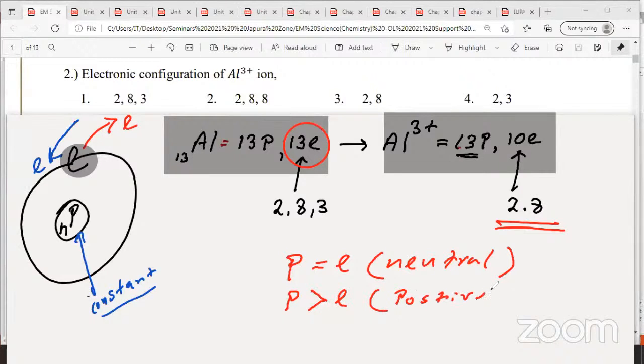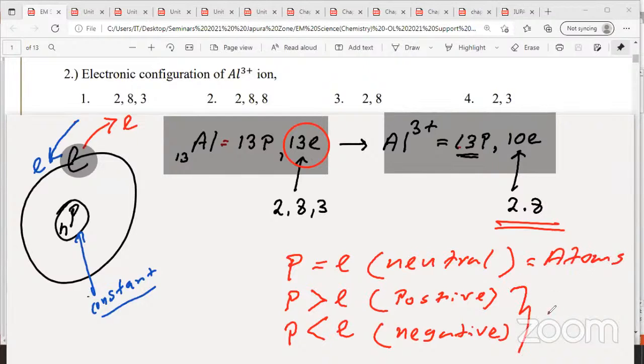If an atom contains more electrons than protons, then it will be a negatively charged ion. Then we call them ions. So the first is an atom; the last two we can't call atoms, they are ions: positive ions and negative ions. You can copy down these things.